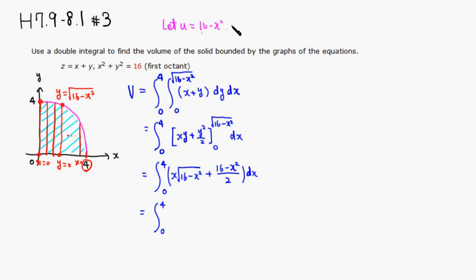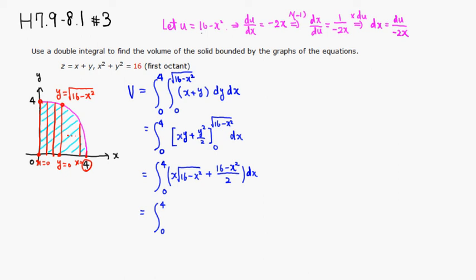Then du over dx is equal to the derivative of that, negative 2x. Take the reciprocal of both sides: dx over du is equal to 1 over negative 2x. Then multiply both sides by du, so dx is equal to du over negative 2x.